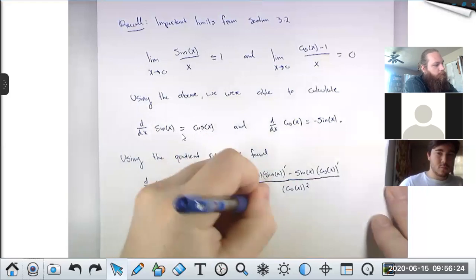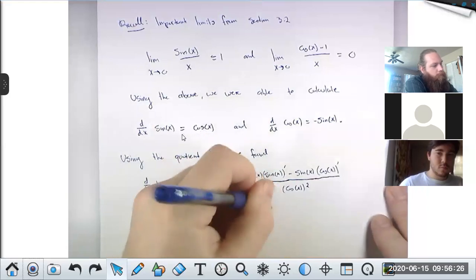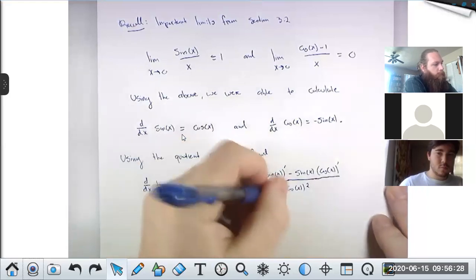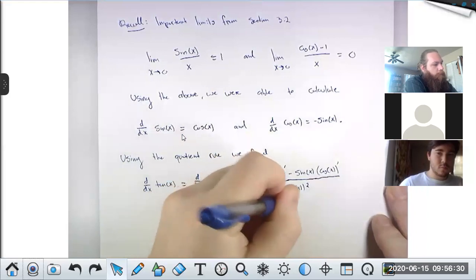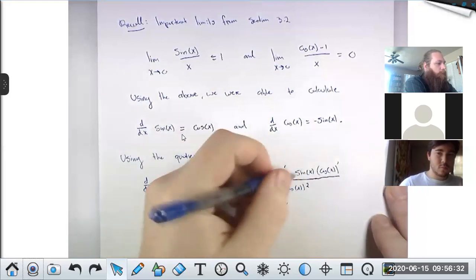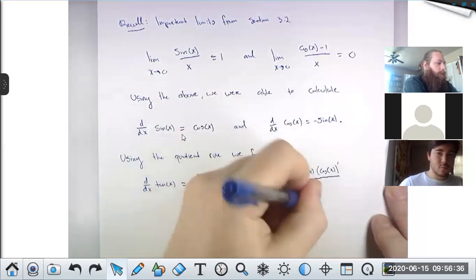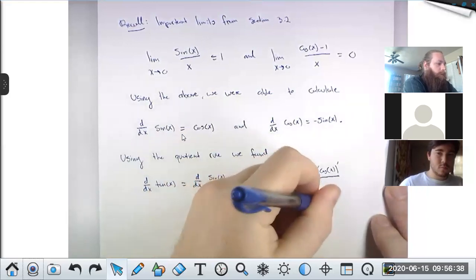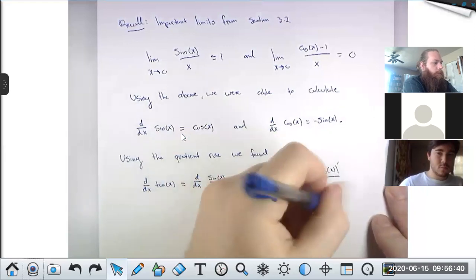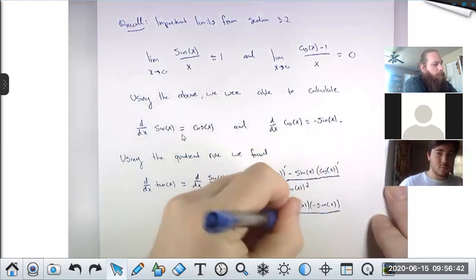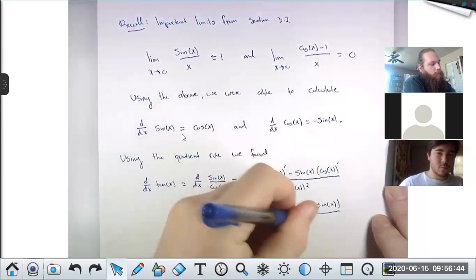This is cos x times cos x, which is cos squared x, minus sine x times negative sine x, all over cos squared x.